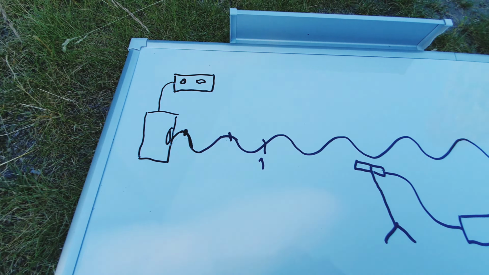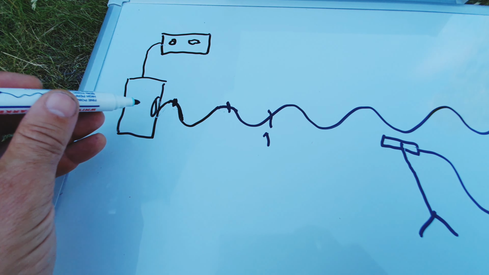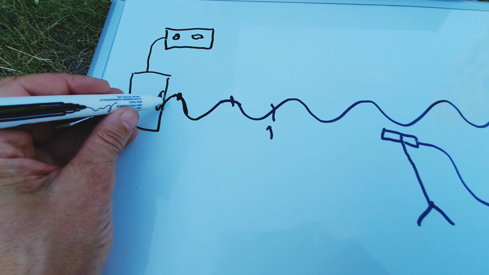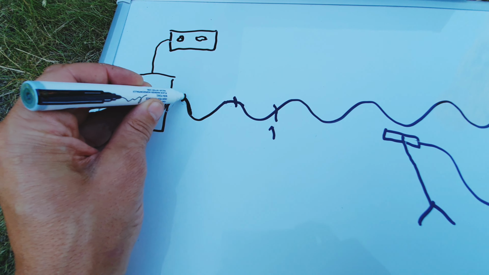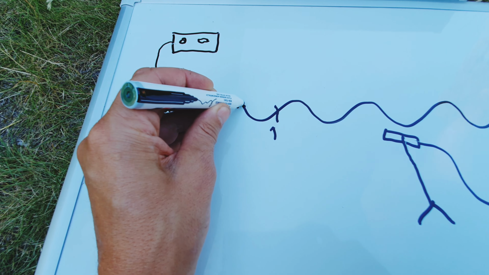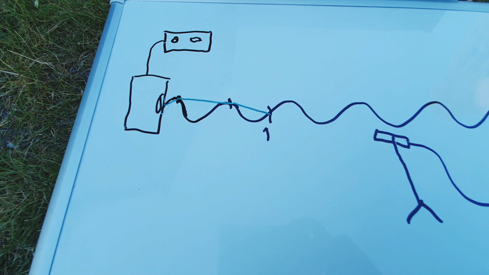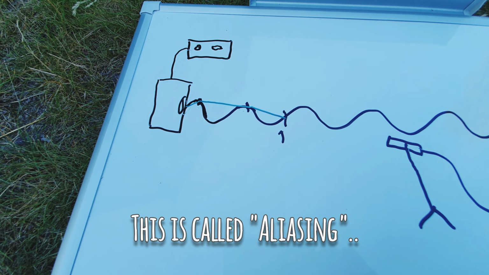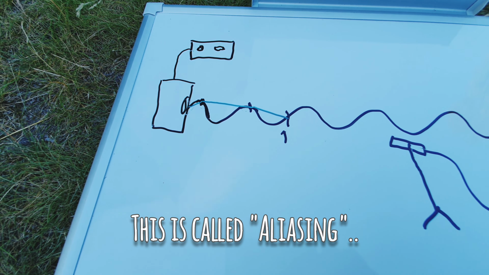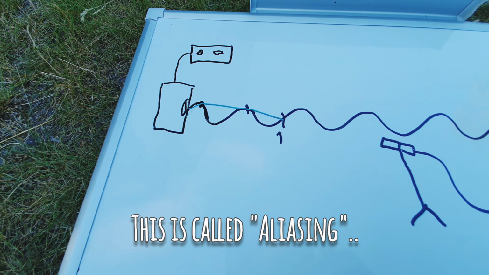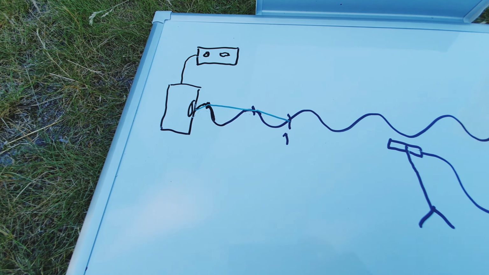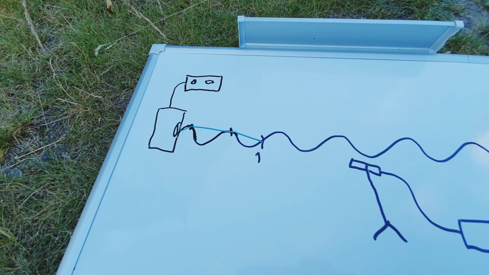And if we now draw a new wave between the registered values, we will get this wave. And this does not represent the 2 Hz sound wave that we have recorded. In other words, the sample frequency is too low to represent the sound wave.